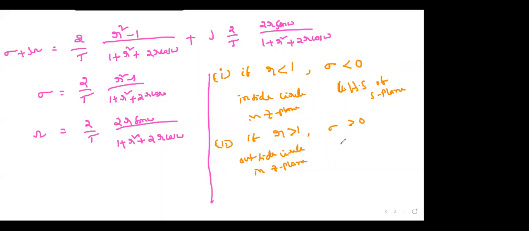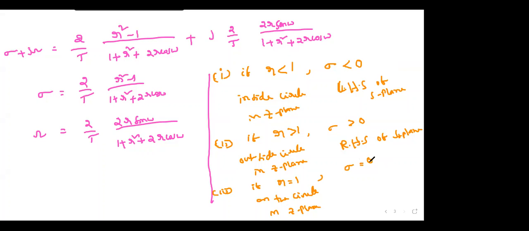It's positive. That means the pole is lying on the right hand side of the S plane. So this property is also satisfied. All RHS poles are mapping outside the unit circle. Then the third case, if r is equal to 1, that means on the unit circle in the z plane, then what will be the sigma value? 0.